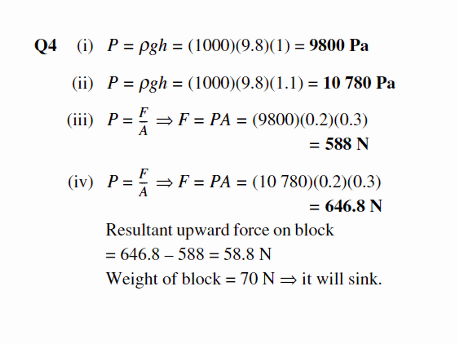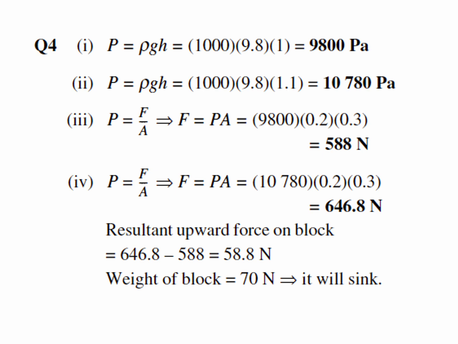So you had 1000 by 9.8 by 1 meter at the top surface of the block, and then part 2 was the lower surface of the block. So the lower surface was 1.1 meters deep in the water. So that 1 meter plus the 10 centimeters of the block itself. So you're using the same formula there twice, and we see at the bottom of the block there, because we're at a greater depth, we have a greater pressure there of pascals.